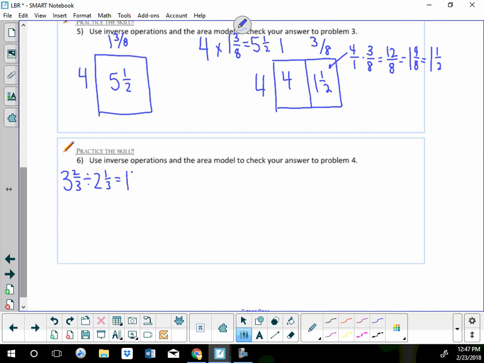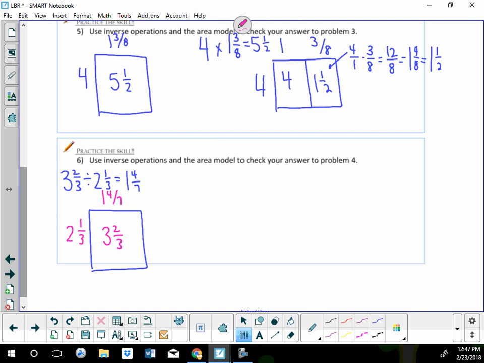First of all, we're going to make sure we understand what this means with the model. I have 3 2/3 as my area, divided by one of my divisors, should equal 1 4/7.